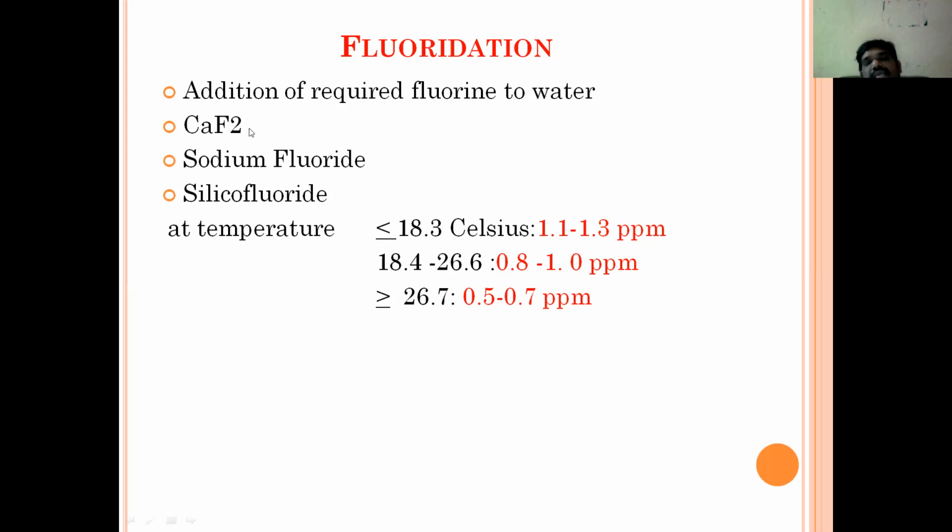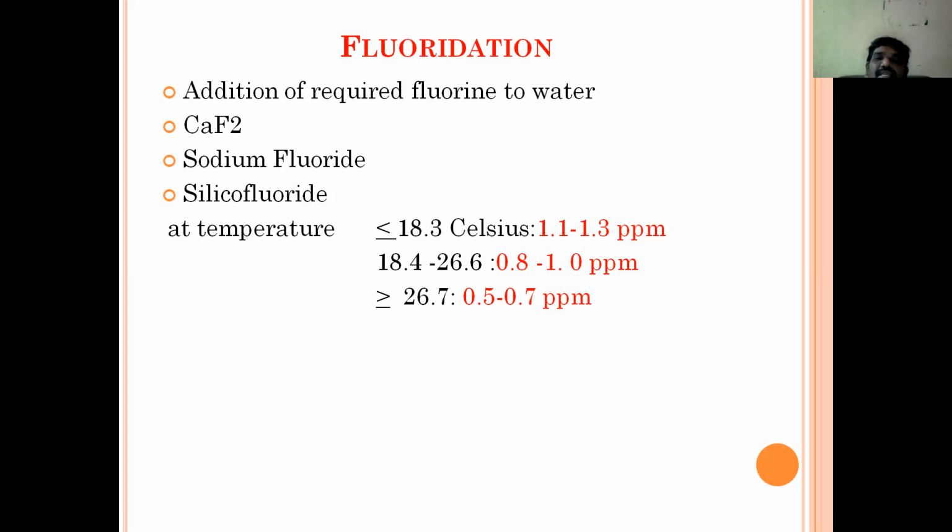substances like CaF2, sodium fluoride, silicofluoride, and the concentrations will be based on the temperature: less than or equal to 18.3 degrees Celsius. At that time, the fluoride substance to be added is 1.1 to 1.3 ppm, and for the temperature 18.4 to 26.6 degrees Celsius.